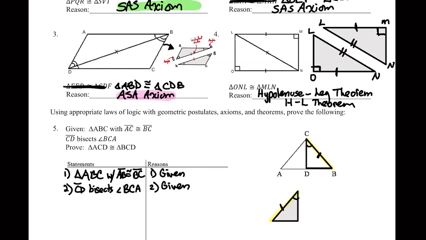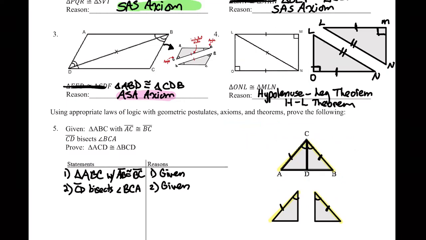It looks like I don't quite have enough yet to say that they're congruent to one another. We're close, but we're not quite there. There's one piece of information that we would need in order to prove that these two triangles are congruent. It has to do with how you prove triangles are congruent in general, and that is by the axioms.